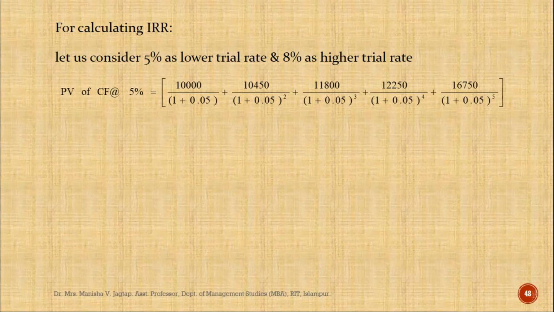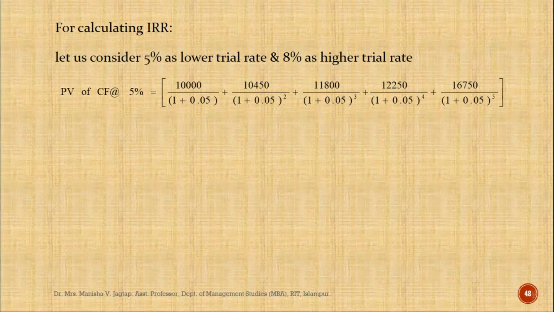So normally for a lower trial rate, we can consider 5% and higher trial rate can be 10%, 15%, 20%, whichever you feel to take as a higher trial rate. So I have taken 5 and 8% as a lower and a higher trial rate respectively.